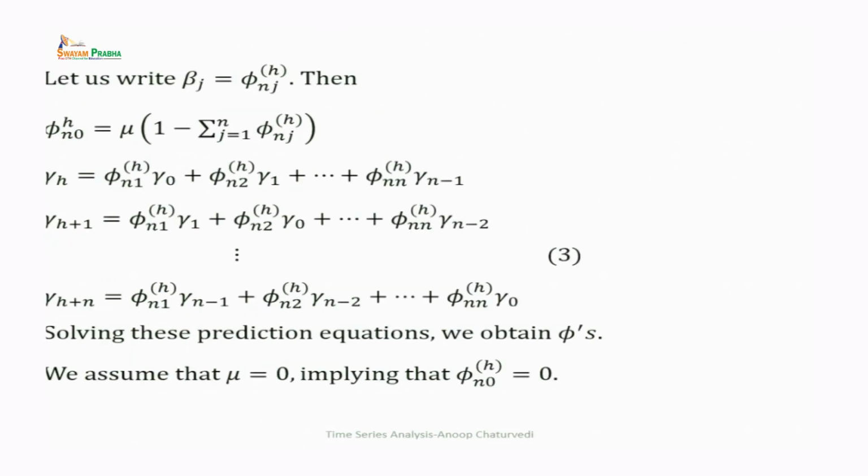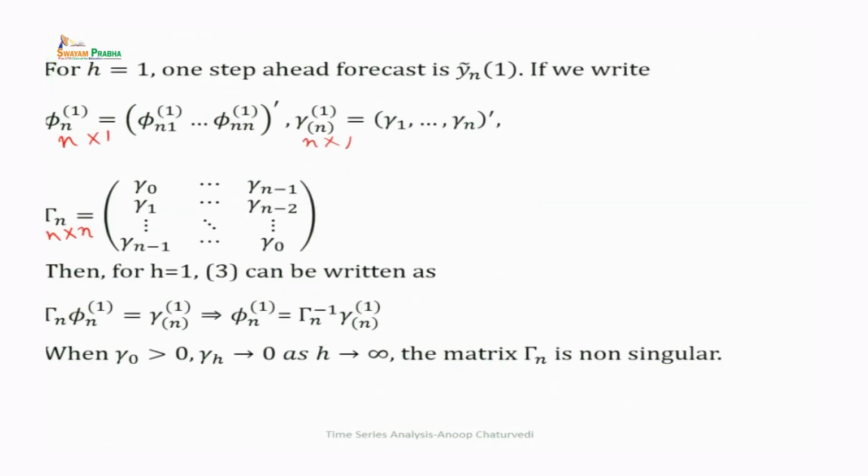This is the set of equations 3, and you are writing these equations in matrix notations, and you have taken h equal to 1. So, you get gamma 1, gamma 2, and so on, you go up to gamma n.